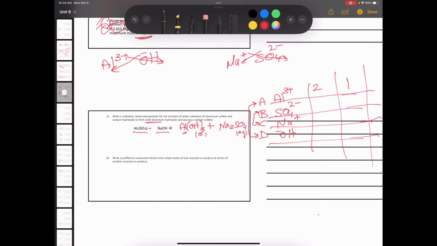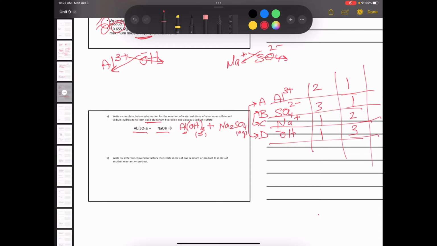If I look at the sulfate, on the other hand, I have 3 in the reactants and I have 1 in the products. If I look at the sodium, I have 1 in the reactants and I have 2 in the products. If I look at the OH, I have 1 in the reactants and I have 3 in the products. So what I need to do in order to really come up with a correct coefficient or stoichiometric relationship, I need to make sure that everything is balanced in this equation.